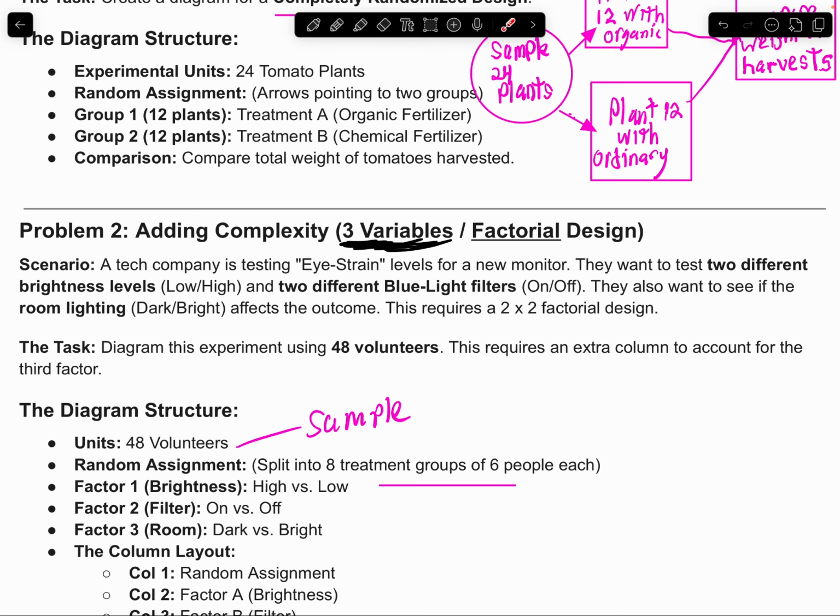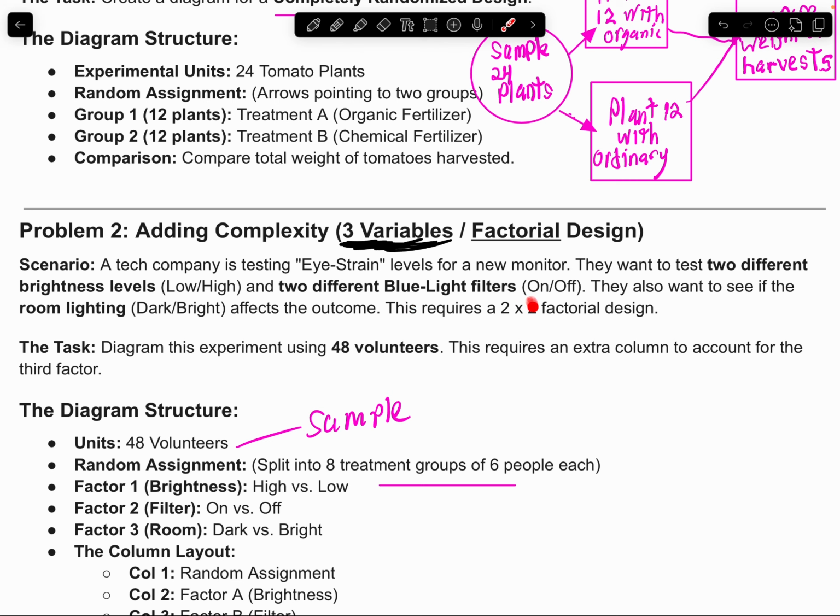So they're going to check 3 variables. They're going to test 2 different brightness levels of their monitor, and 2 different blue light filters, let's say turn the filter on or turn it off. We also want to see if having the TV in a dark room or a room that has lights on will affect the eye strain amount. I'm not sure how they measure how much eye strain somebody has.